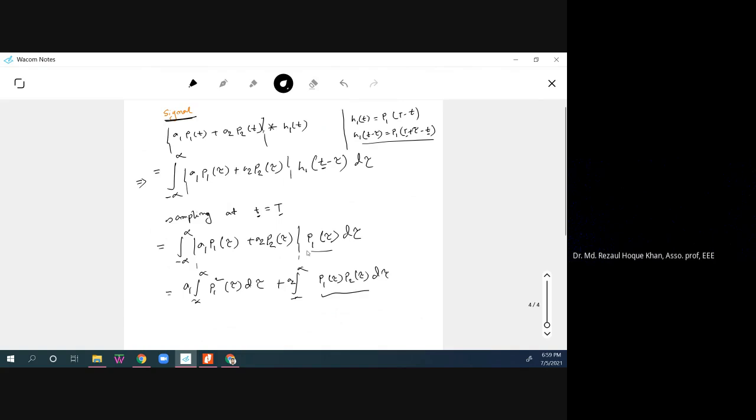You see the inner product will be 0 and this is actually the energy Ep, right, power Ep equal to 1. So this will be a1.